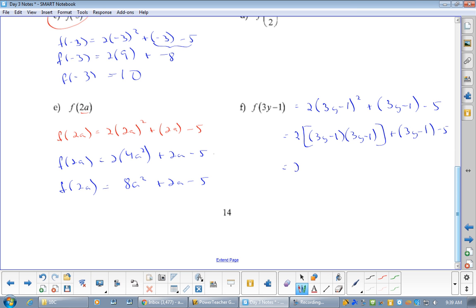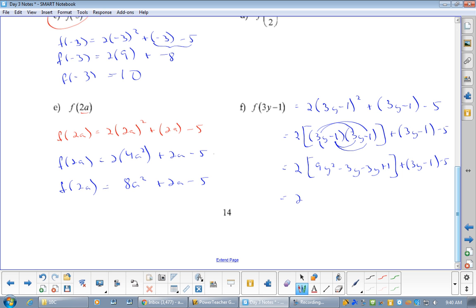So this equals 2 times. Now what's going inside is 9y squared minus 3y minus 3y plus 1. We've got to multiply. Plus 3y minus 1 minus 5.